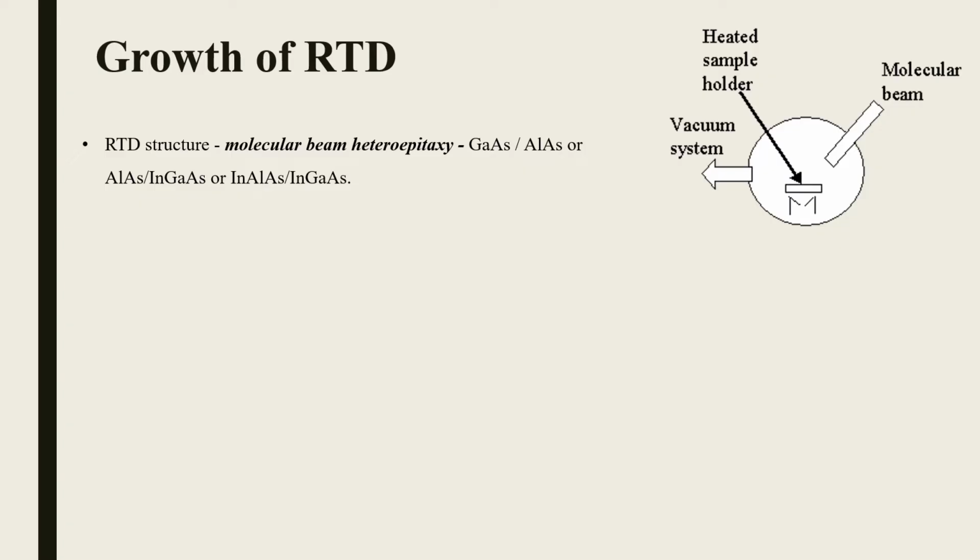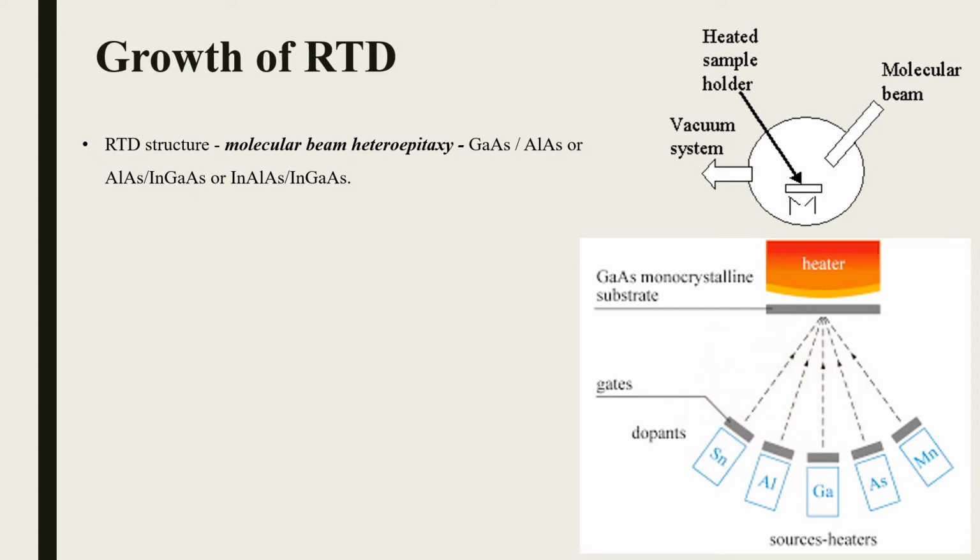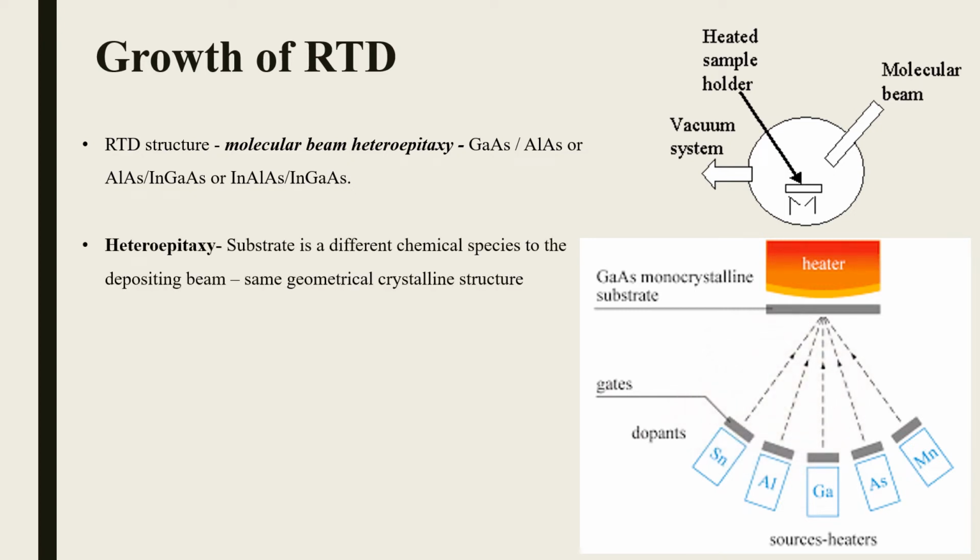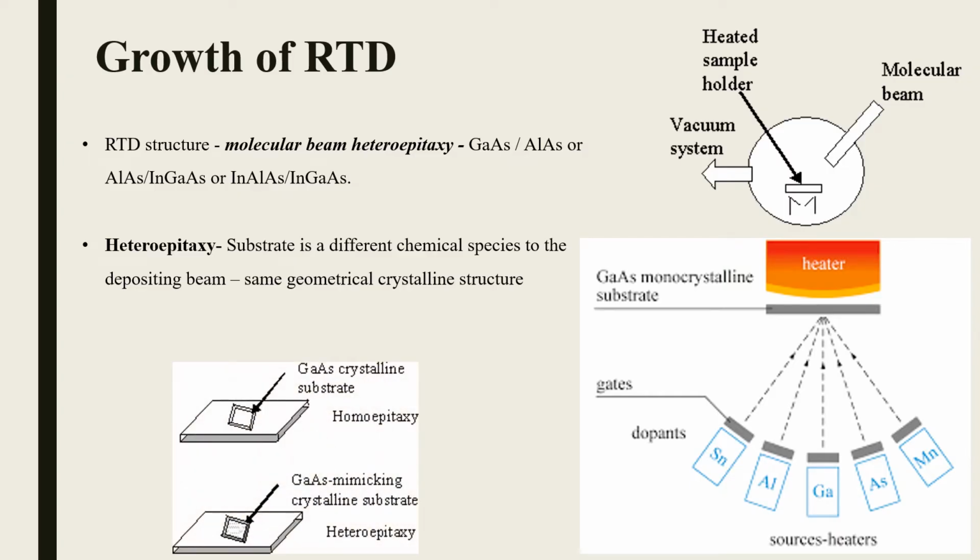Or you can have combinations of aluminum arsenide and indium gallium arsenide, or indium aluminum arsenide with indium gallium arsenide can be used. In heteroepitaxy, the substrate is a different chemical species to the depositing beam, but has a crystalline structure that geometrically mimics a new material crystal that now can be deposited on the target.